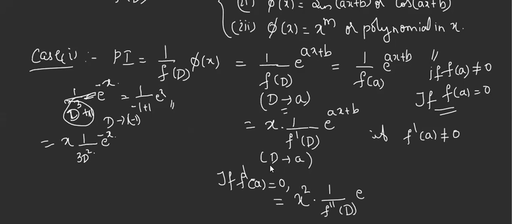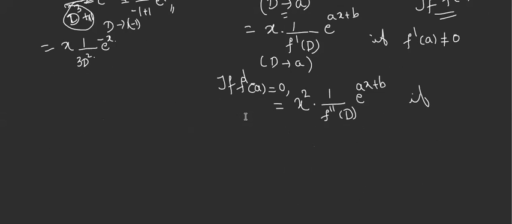Then replace d by a when f double dash of a is not 0. Again, suppose it is 0, again multiply by x and differentiate.